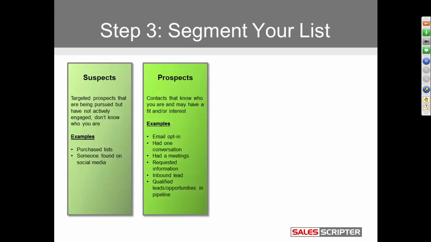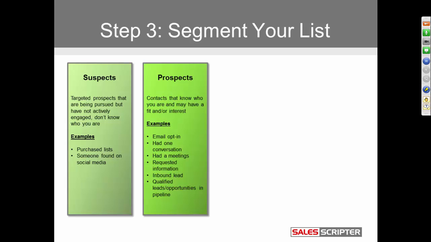The next category is prospects. These are people that have been qualified a little bit more. You could have these as contacts and leads that have been pre-qualified, but first of all, if they've opted in on your website, gone through the step to add themselves to your list, then they're a prospect.